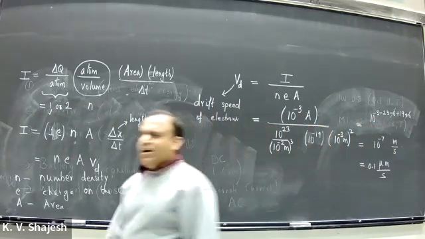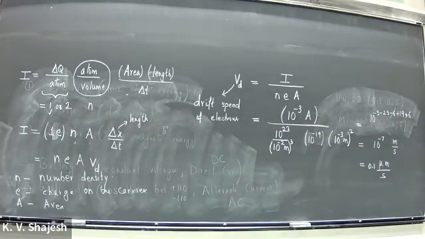At this rate, if we were to switch on a current, what we are saying is that there is an electron that starts from here. This could be the source, let's say a battery, and this could be your device. By the time it reaches that, if this is about 1 meter, the velocity is so small that it will take about 10 raised to 7 seconds. 10 raised to 7 seconds is about how much?